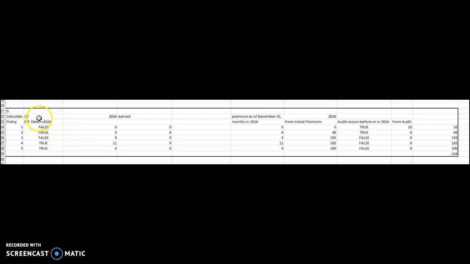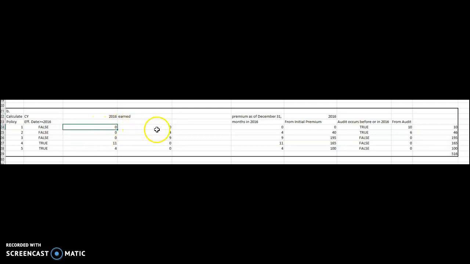Next, we want to calculate the calendar year 2016 earned premium as of December 31, 2016. Since we want to calculate the earned premium, we want to know the proportion of each policy in 2016.